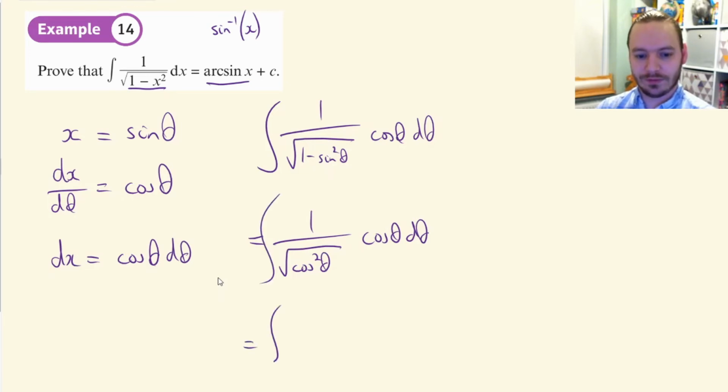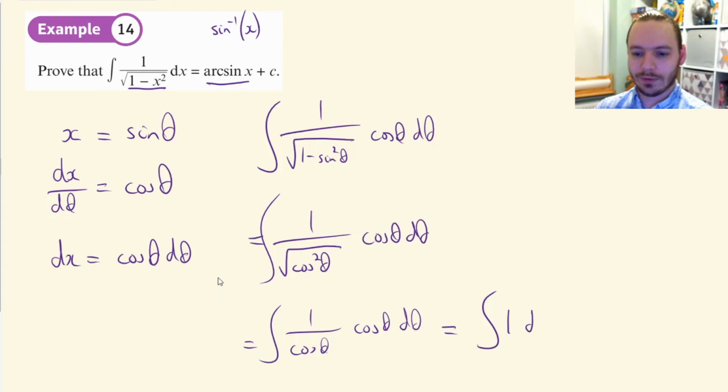So this is the integral of 1 over cos theta multiplied by cos theta d theta. And lo and behold, this is just the integral of 1 with respect to theta. So it's an incredibly simple result, especially when you look at just how complicated the thing looks in the first place. We began with 1 over a root of 1 minus x squared, and now we just have 1.